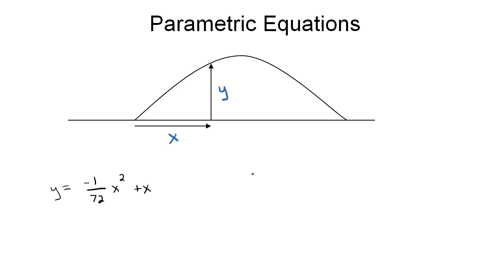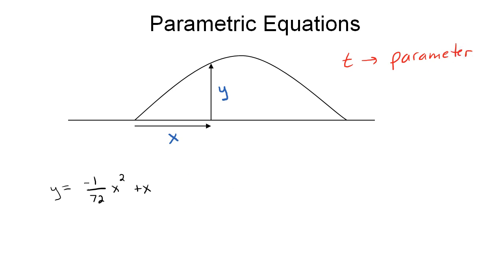What if I wanted to know how high it was after 10 seconds or 3 seconds, or how far away the ball was from its initial launching after 10 seconds or 30 seconds? In order to do that, I need to enter another variable, and oftentimes we call it t, and that's called the parameter.